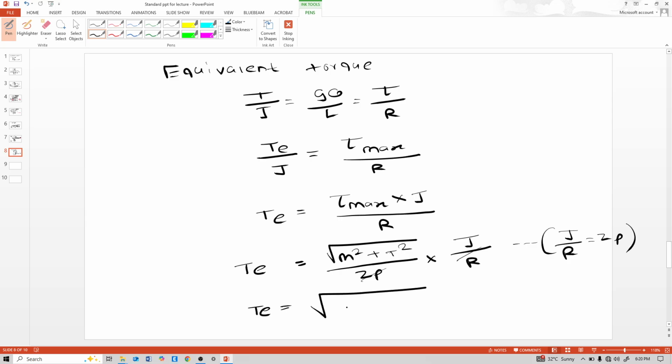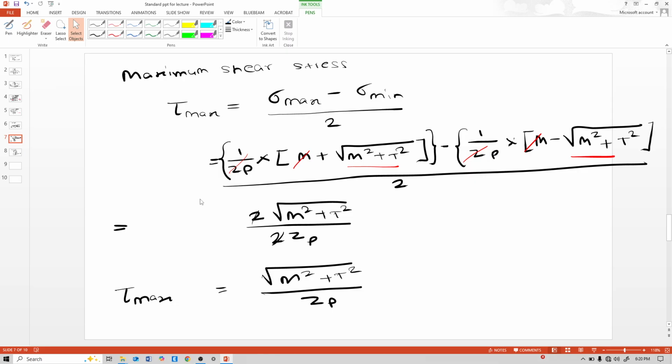Remaining is under root of M square plus T square. So the equivalent torque is under root of M square plus T square, and the maximum shear stress is under root of M square plus T square divided by Zp.